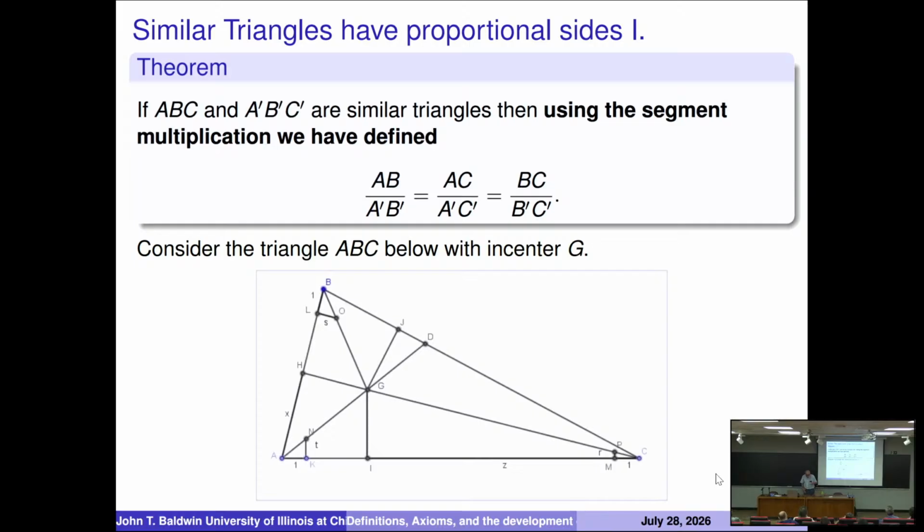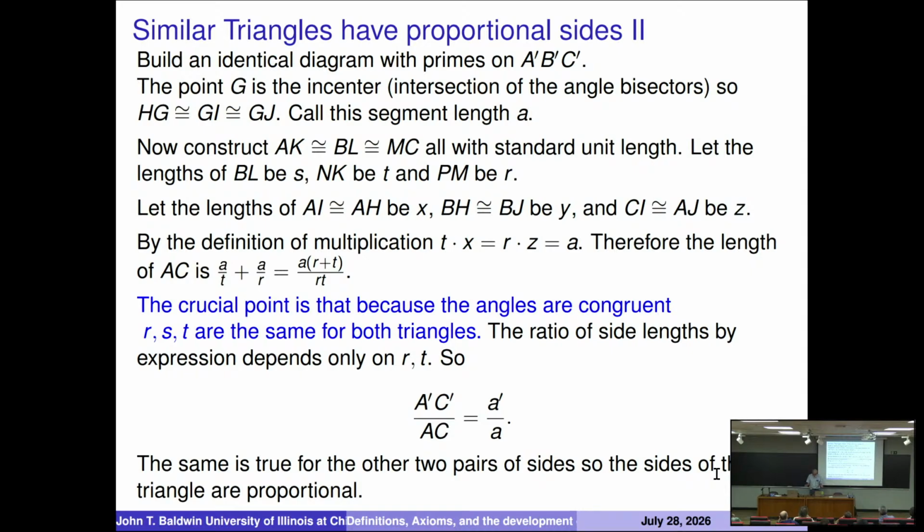And then with that, you can prove 6.2, the side splitter. You consider this triangle, and then we take a similar triangle, A prime, B prime, C prime.